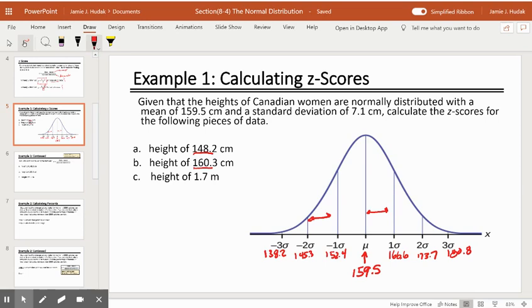So because of that, I expect this first z-score to be less than -1, because -1 would bring me to 154.4, -2 would bring me to 145.3. So I expect this answer to be between -1 and -2.